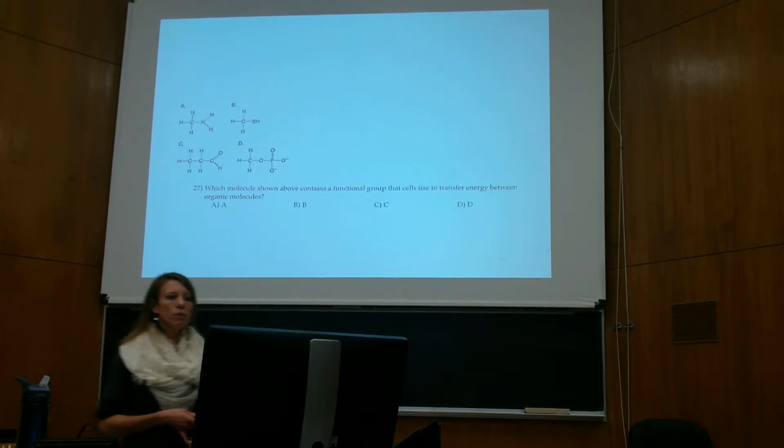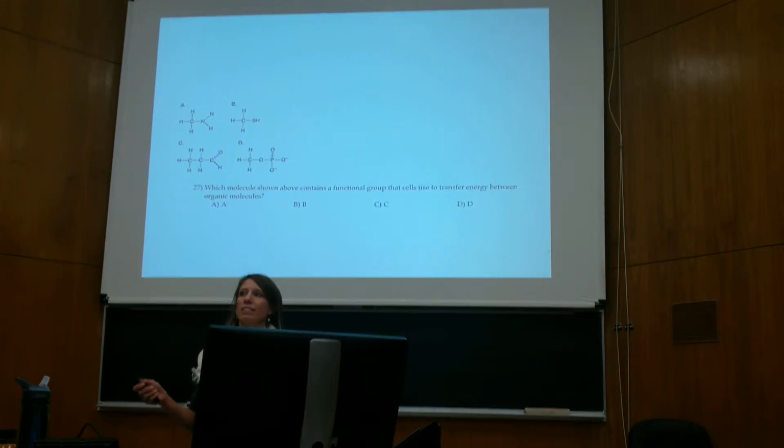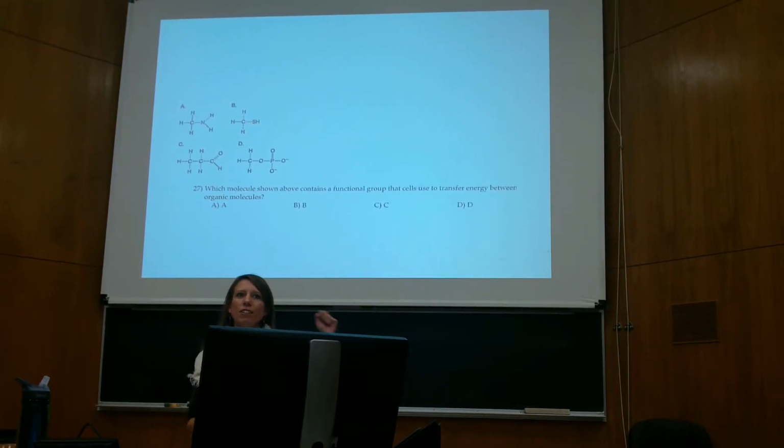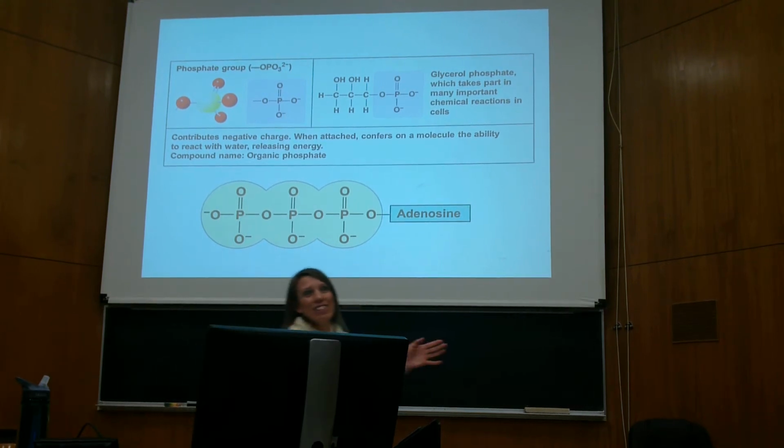Which molecule shown above contains a functional group that cells use to transfer energy between organic molecules? So the answer is D. Phosphate, right? ATP, energy. I know that's corny, but my friend teaches high school science.